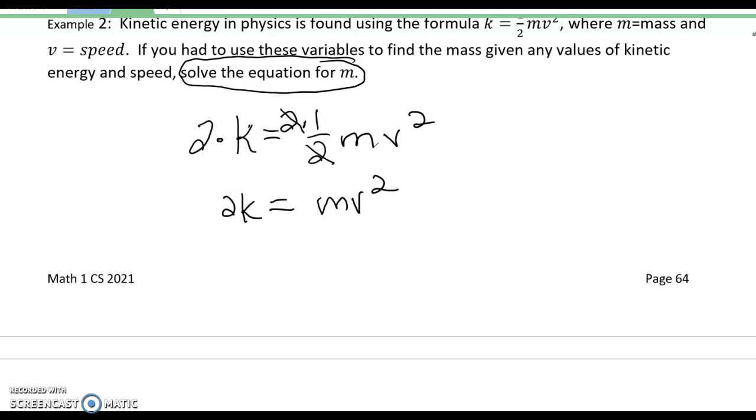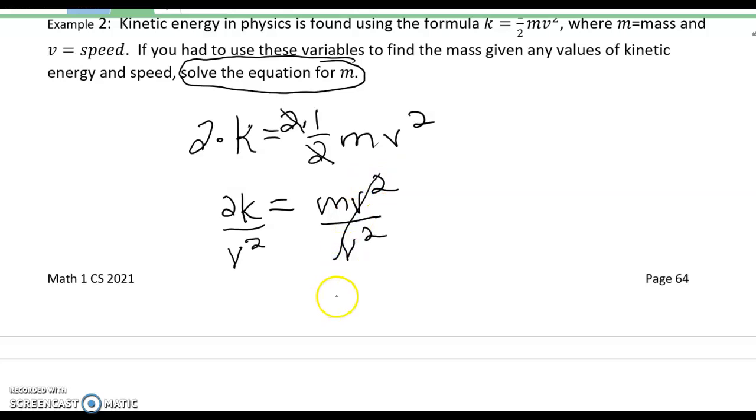Again, we're trying to solve for m. So that means we want to get m by itself, which means the v squared has got to go. Since v squared is being multiplied to m, to get rid of it we're going to do the opposite, the inverse operation. So that means we need to divide by v squared. What we do to one side, we've got to do to the other side of the equation.